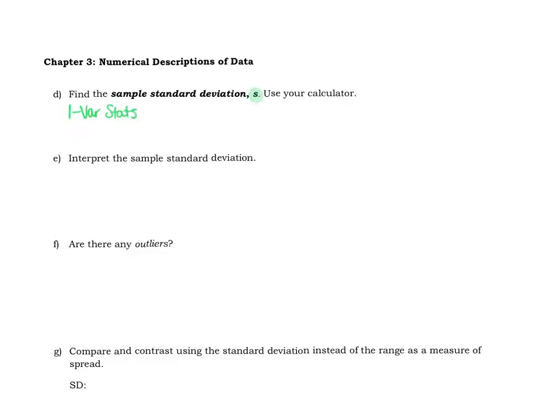Instead of looking for sigma, you're going to look for the one that is Sx on your calculator, but we'll use just s when we write it down. We're going to go one decimal place past the data. So that should be 0.034 dollars per gallon is where we end up.